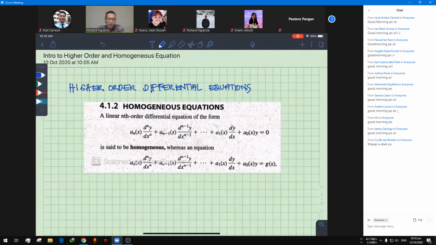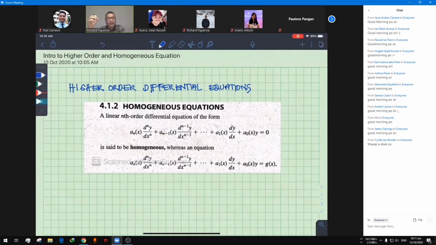So for higher order differential equations, they are divided into two types only. One is the homogeneous equation, the other is the non-homogeneous equation. Homogeneous equation here is different from the homogeneous equation that we know for first order.